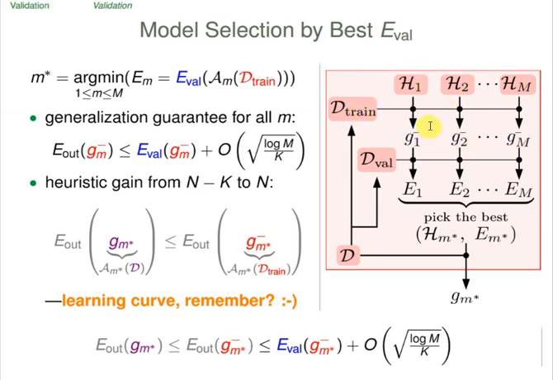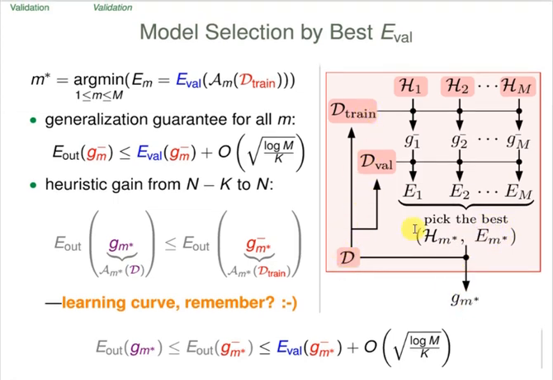These are the finalists. Once we have g1 minus up to gM minus, we can use the D-validation dataset to further assess their performance in terms of E-validation error and select one of these finalist hypotheses as the best model, denoted by H_m star, and E_m star represents the best E-validation error.